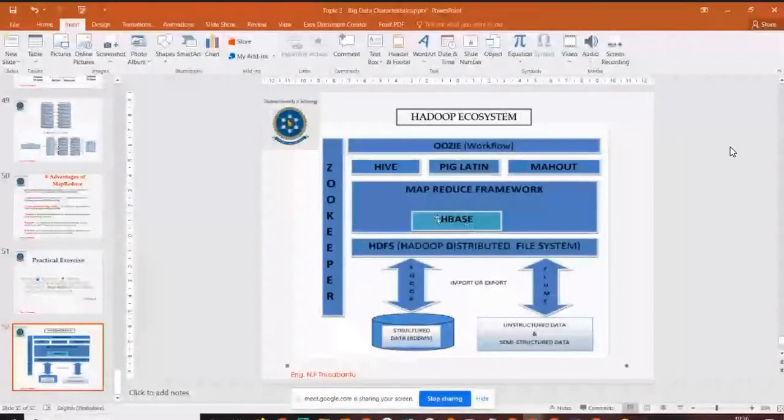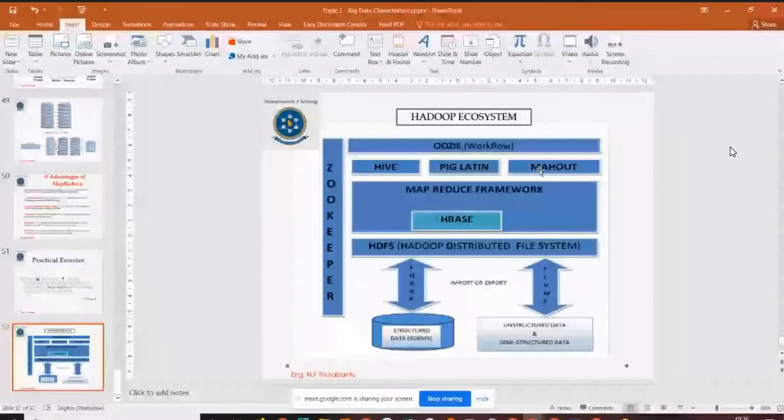And when I want to query this HBase, I can use one of these techniques. Mahout is used for machine learning. Pig Latin is used for people who understand scripting languages like Python and things like that. Hive is used for people that understand SQL, the traditional way of querying databases. So these techniques are all for the same purposes, but the difference is what you are talented at.